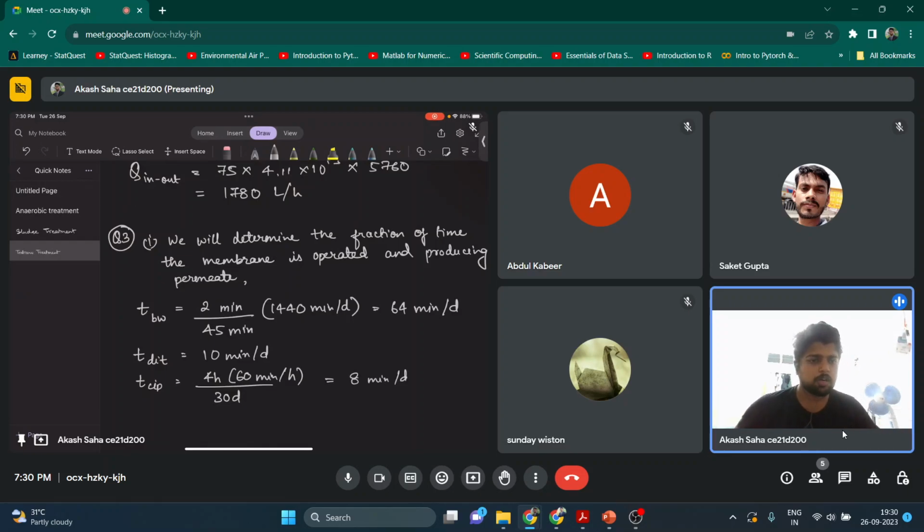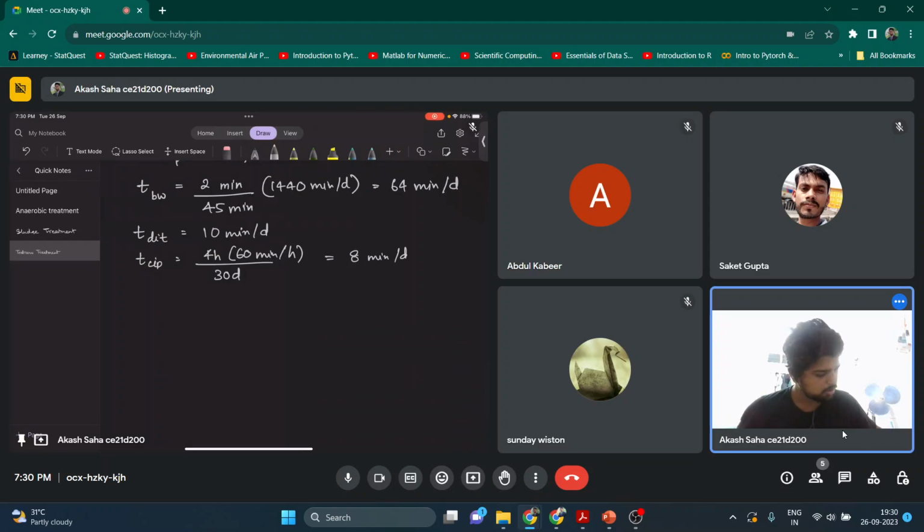So we found out the per day contribution of each of the operations. Now what will be my efficiency? I have to find the total. Totally, how many minutes are there in a day? 1440 minutes per day.